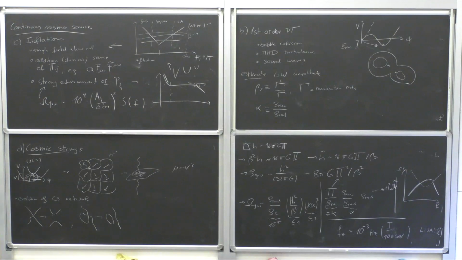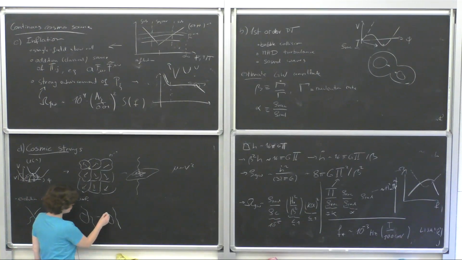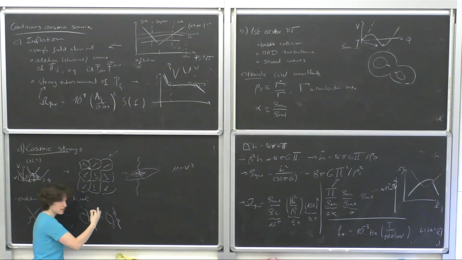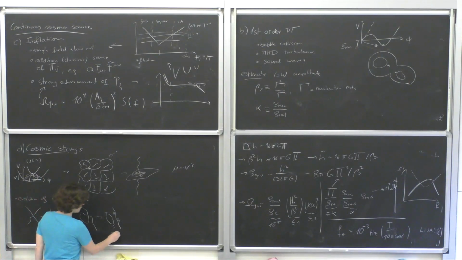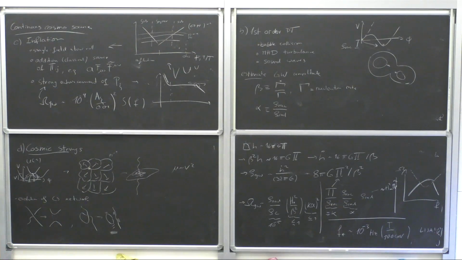Once you have these loops, both the loops and the long strings can oscillate and emit gravitational waves. In particular it's the loops which give the dominant contribution to the gravitational wave signal. In principle both give a contribution, but if you compute, it's the loops that give the larger one.